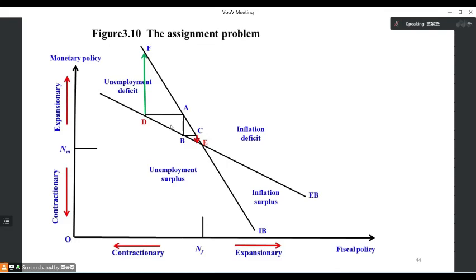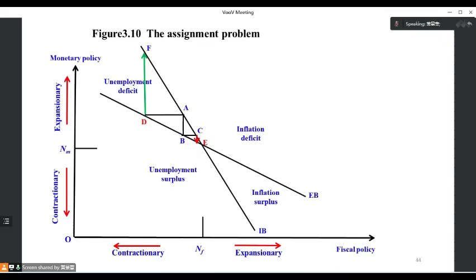So in Figure 3.10, we can find that if a country hasn't got internal or external balance, we can use expansionary fiscal policy or expansionary monetary policy, or we can use contractionary fiscal policy or contractionary monetary policy.